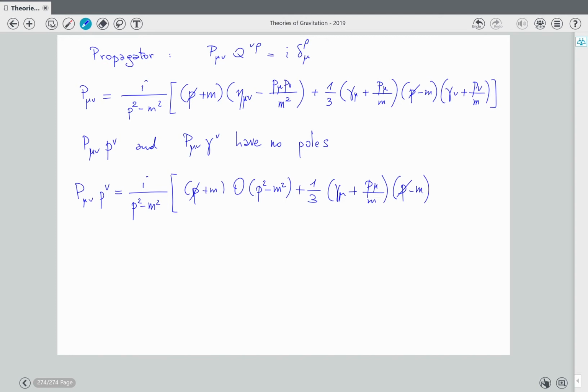And you see that what you get here is p slash plus p squared divided by m. So on shell, which means on the pole, this is p slash plus m.